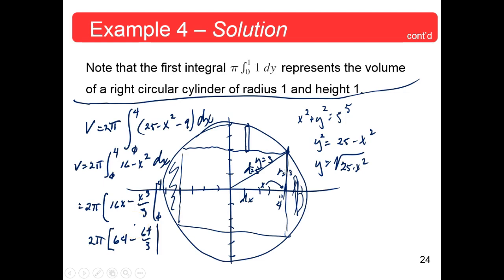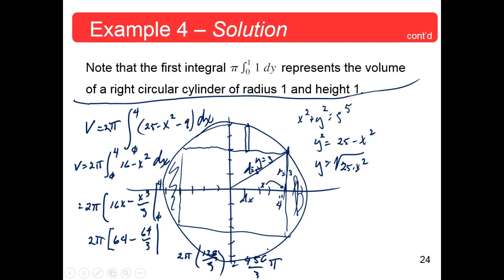And that will be, say again? I can't hear it. Okay. It's 2 times 64 thirds. Is that what you said? Yeah. Okay, so 2 pi times 128 thirds, which will wind up being 456 thirds pi.